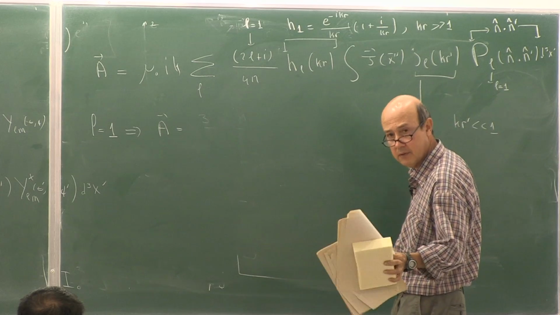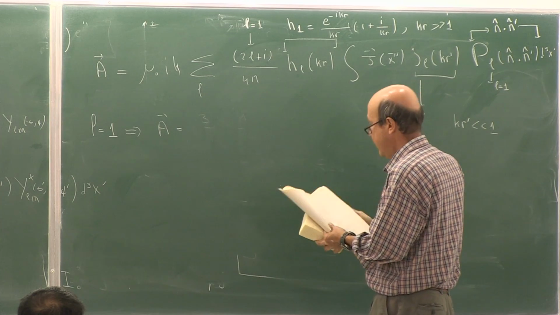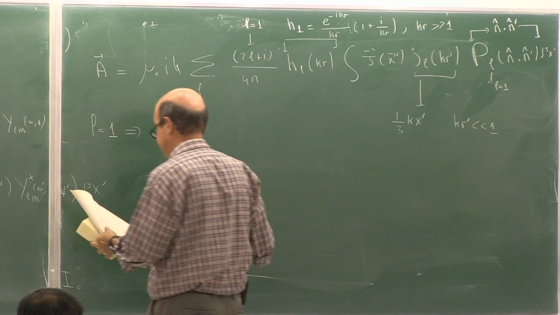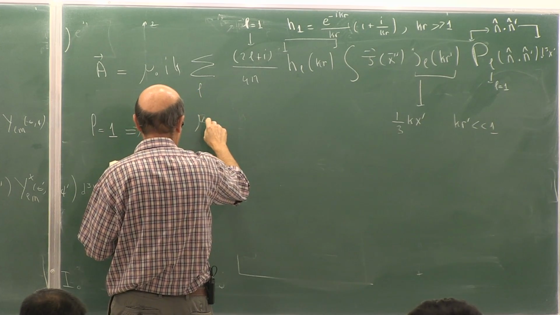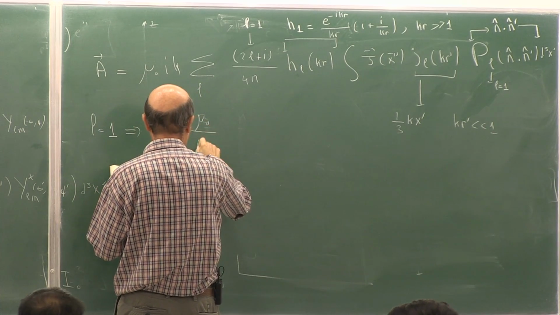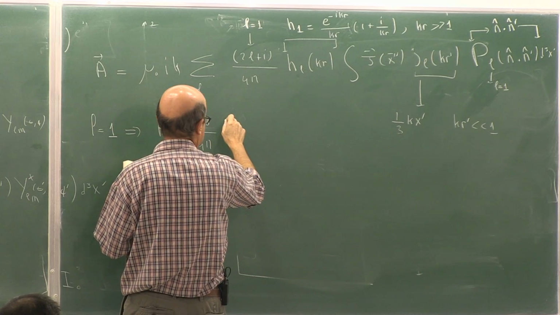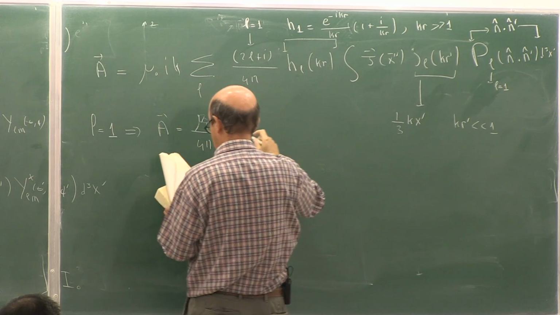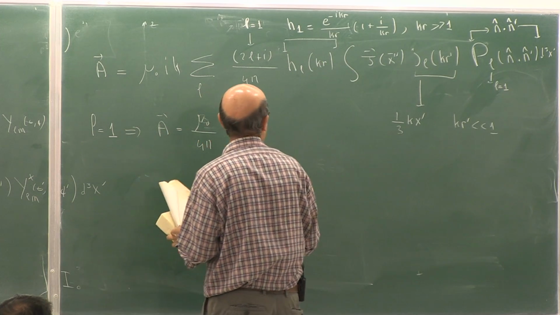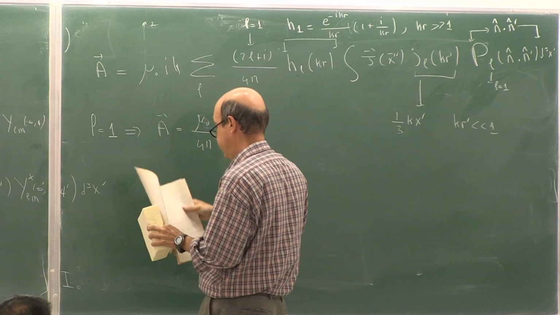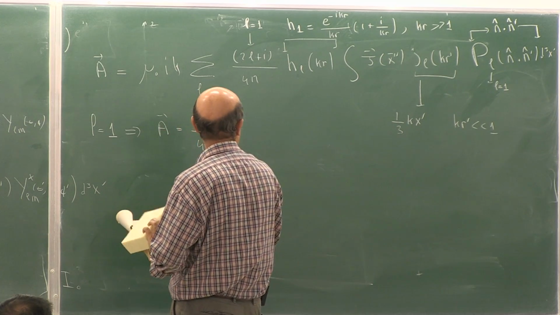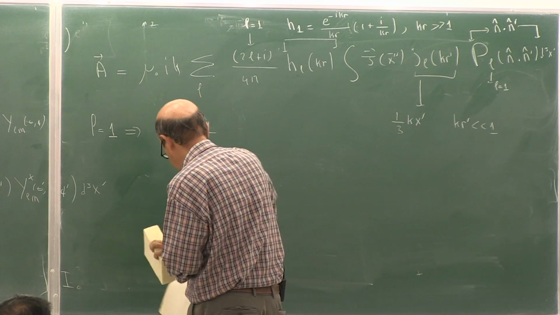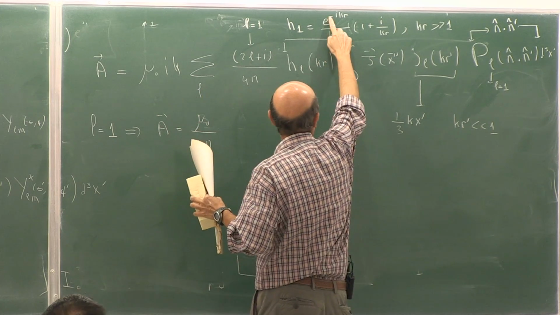Cancel this 3. Okay, and the result is the following. Mu 0 over 4 pi, you have e to the ikr over kr. Actually, that should be positive. I miswrote the asymptotic form. This should be positive.